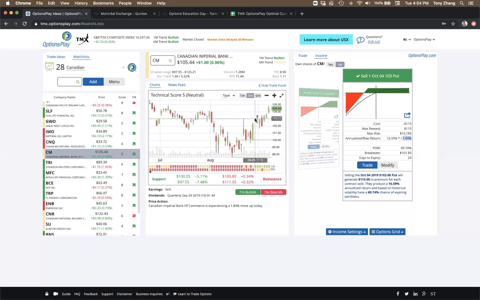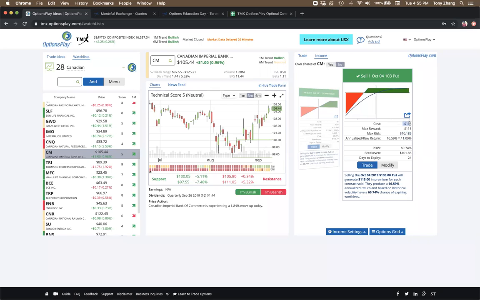So think about placing that limit order to buy the stock at 103. You'd have to place a limit order at 103, and $10,300 would come out of your account from a buying power perspective to put aside to potentially own these shares when the stock declines to 103. Now here, when you sell a cash secured put, you don't have to put up $10,300, you only have to put up $10,185.